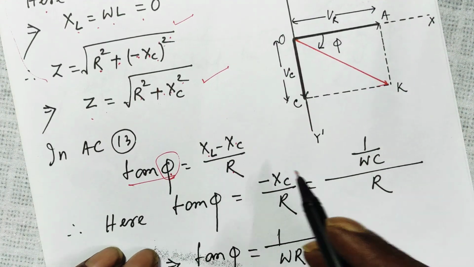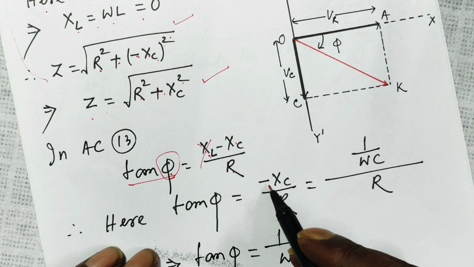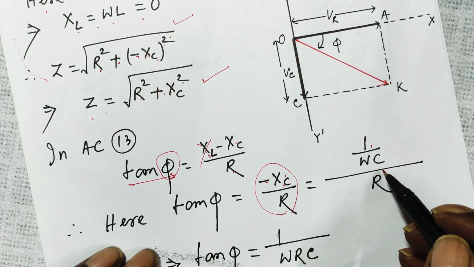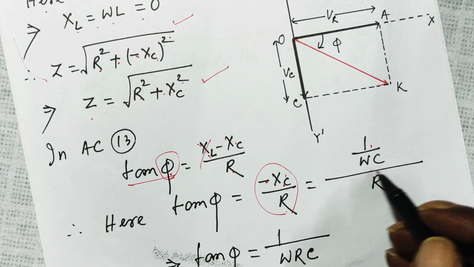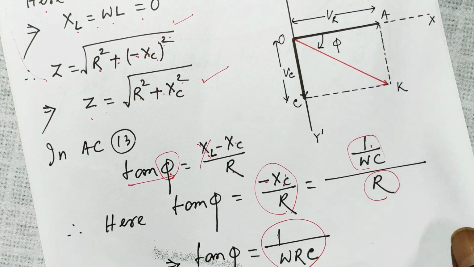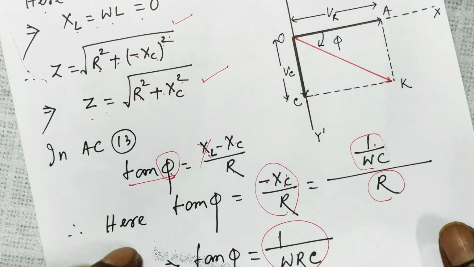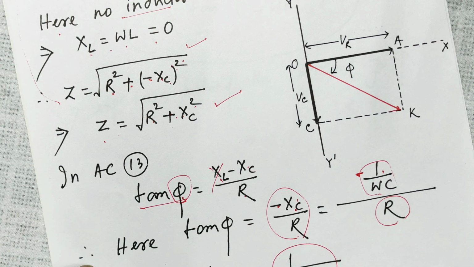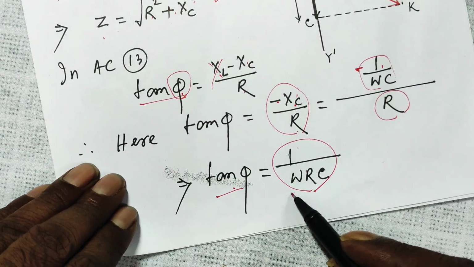So the XL part is removed, leaving minus XC over R, and XC is 1 by omega C. I'm taking the magnitude part of it now. You can take the negative sign, it's alright. So tan phi is equal to 1 over omega RC.